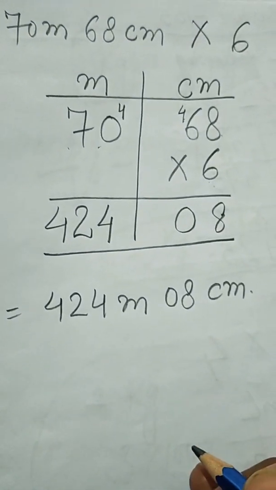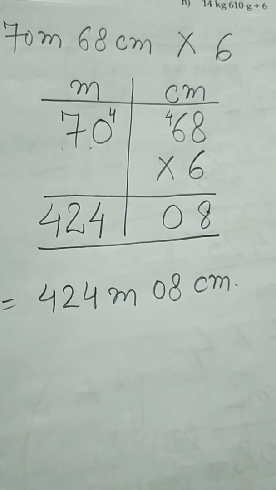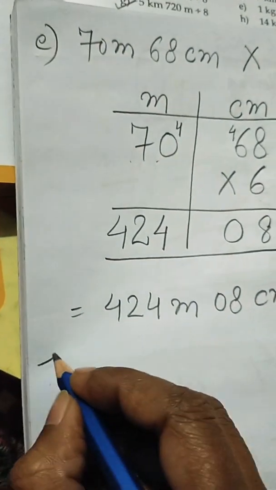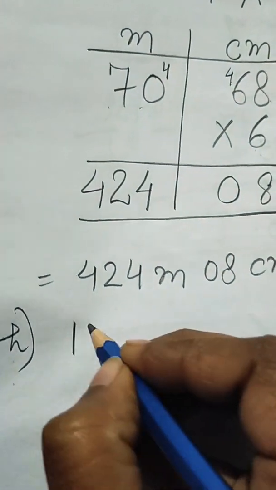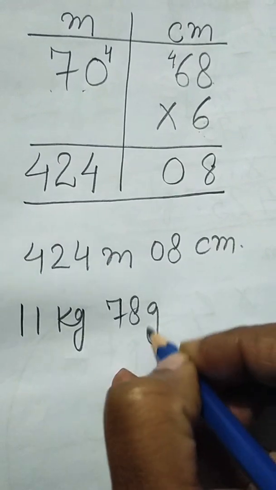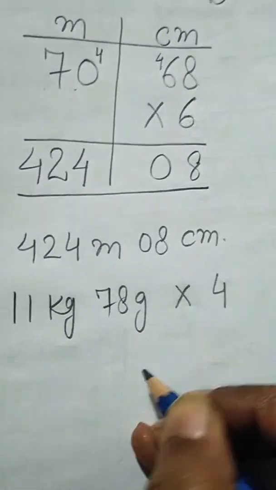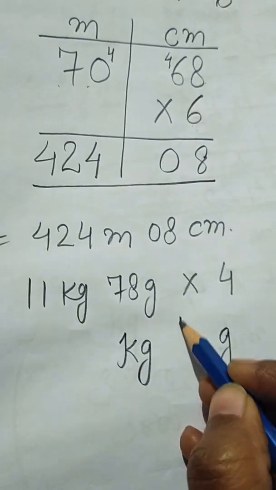After that, F part you people will do by yourself, G part also you will do by yourself. Now see H part. There is one important thing in H part, listen to it carefully. 11 kilogram 78 gram multiplied by 4. So here we will write kilogram and gram.